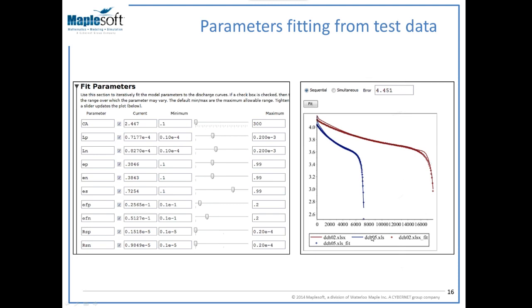The graphs that you see on the right-hand side show the curve fitting result for the lithium-ion battery with lithium cobalt oxide cathode, based on two different sets of experiment data obtained by discharging a real battery using two different currents. The table on the left-hand side shows the parameters after curve fitting. So you can see that the capacity of the battery is 2.447 amp-hour, and you can also see the other parameters including the thickness of cathode, thickness of anode, and other parameters being identified as well.